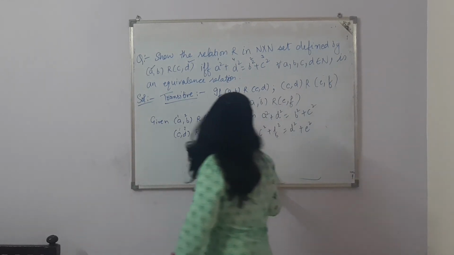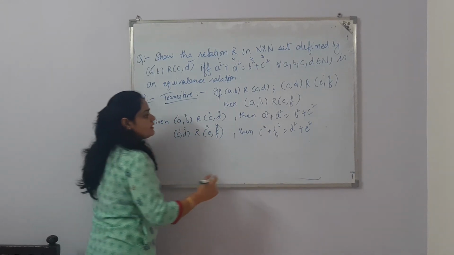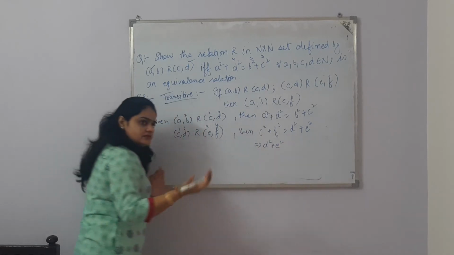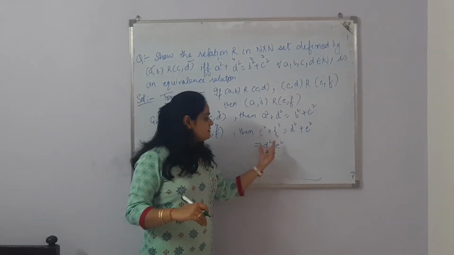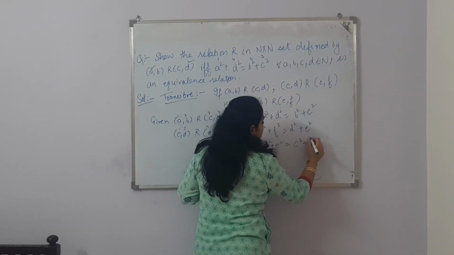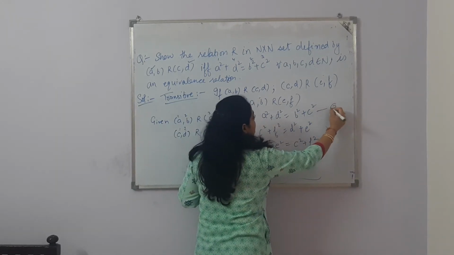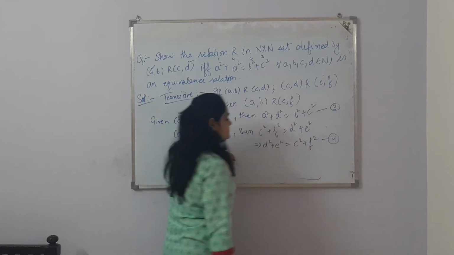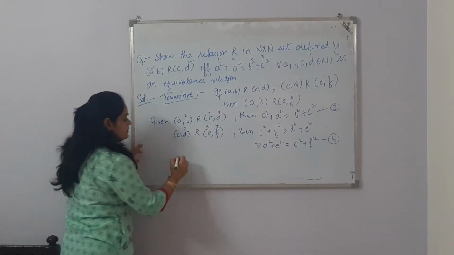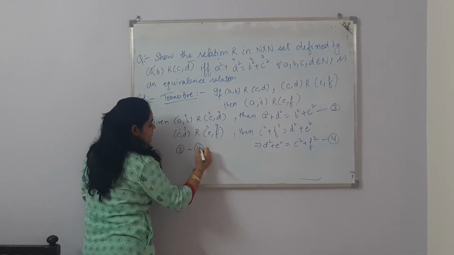We can change the sides: D square plus E square on the left hand side and C square plus F square on the right hand side. This is your 3, this is your 4. Now I am subtracting the relations, 3 minus 4.